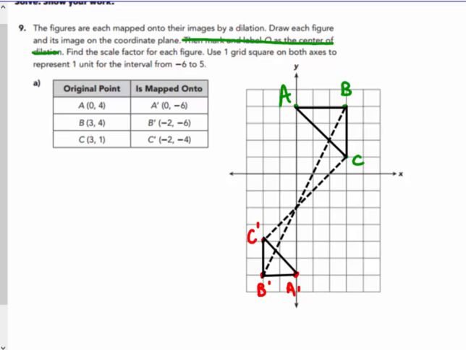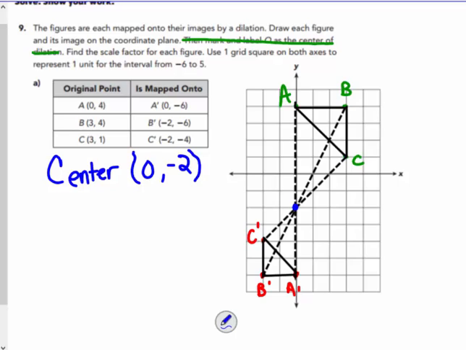And yes, A to A's image would just be right down the y-axis here. And we can see that the center of dilation here, they're all intersecting here at (0, -2). So the center of dilation is (0, -2).